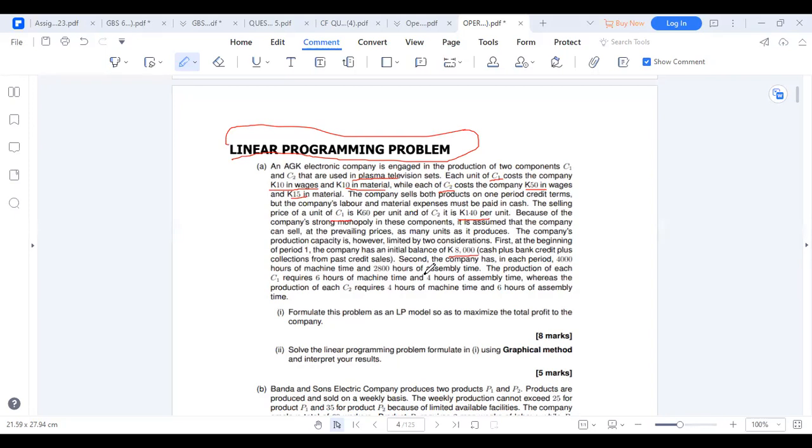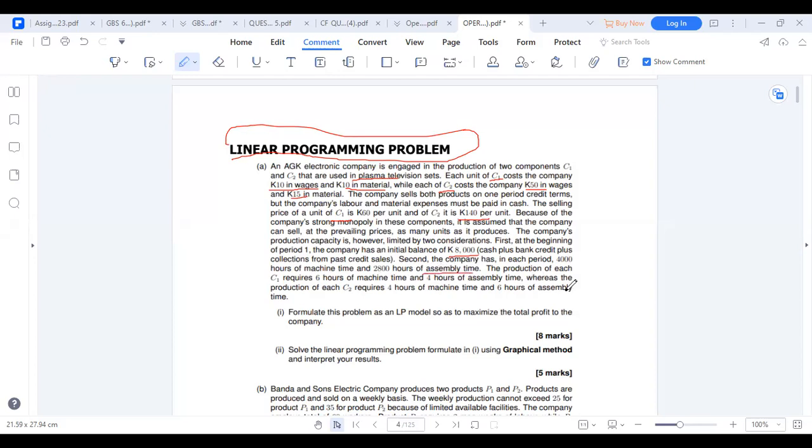Then second, the company has in each period 4,000 hours of machine time and 2,800 hours of assembly time.